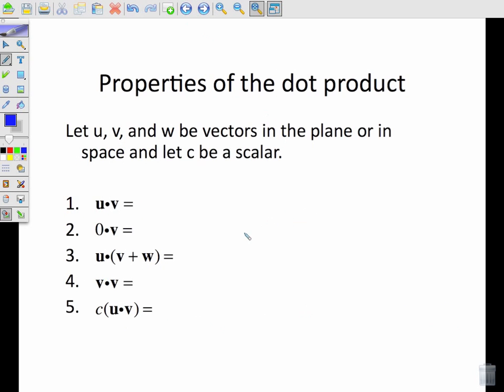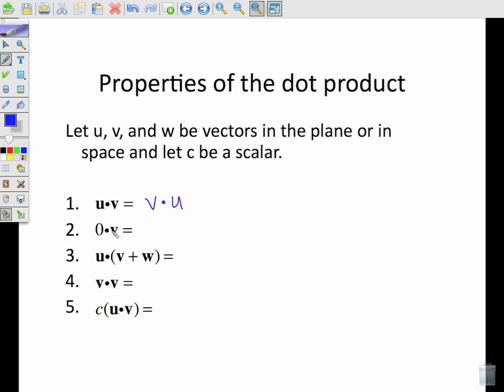We also have some properties of the dot product. Let u, v, and w be vectors in the plane or in space, and let c be a scalar, like a constant. If you take the dot product of u and v, it is the same as the dot product of v and u.